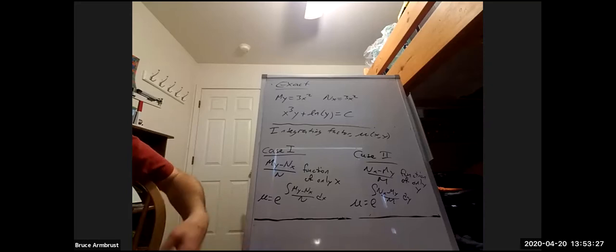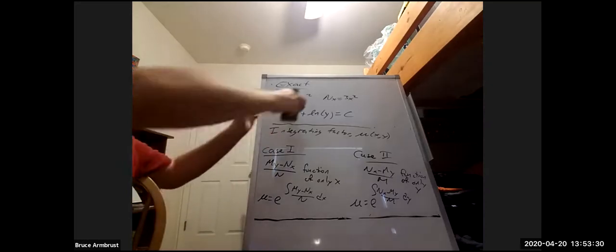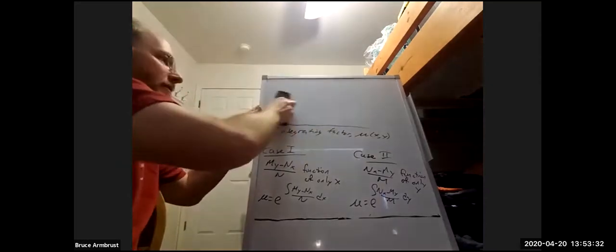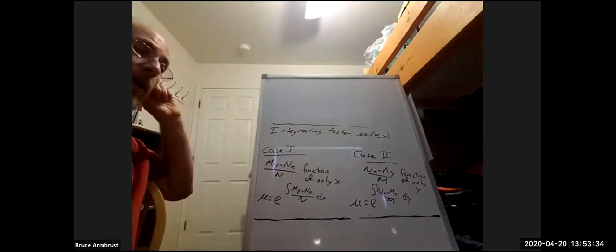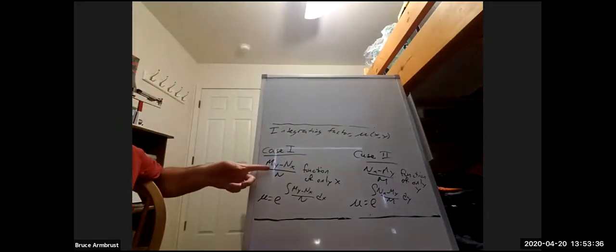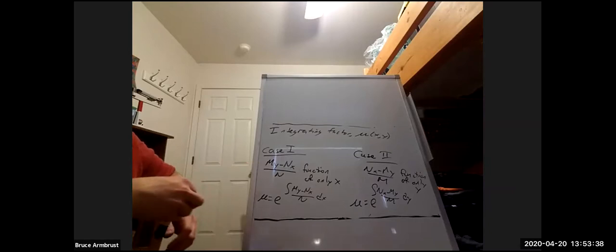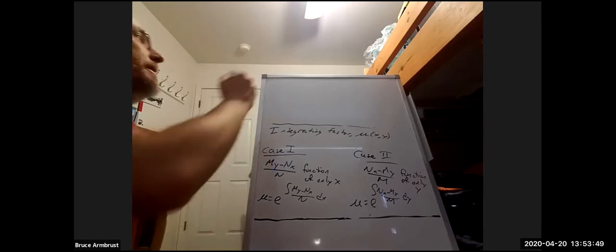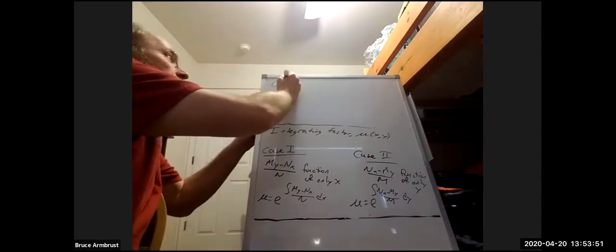Okay, but there's a third case. We definitely need to see some examples of this, where the integrating factor, where this my minus nx over n and all that is not a function of only x or only y. And so the other case is going to be case 3, which is just as good.